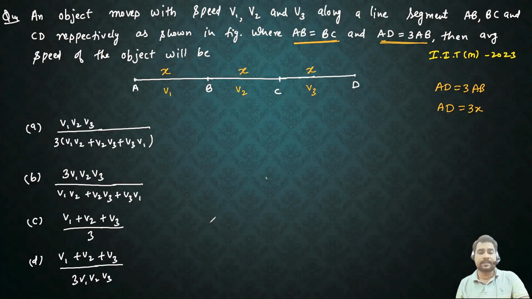So directly I can use the concept that I just discussed. In this case, the average value of speed is going to be 3 upon 1 upon v1 plus 1 upon v2 plus 1 upon v3. If you solve this a little bit, you will get option B as the correct answer. You can try it on your own now.